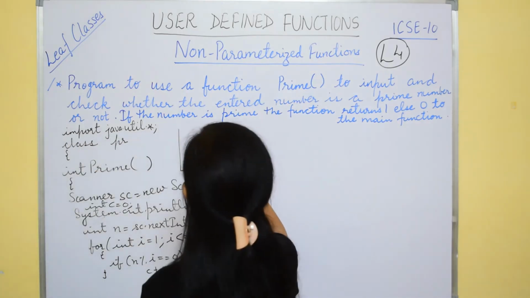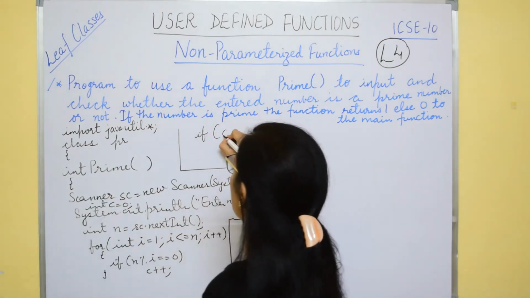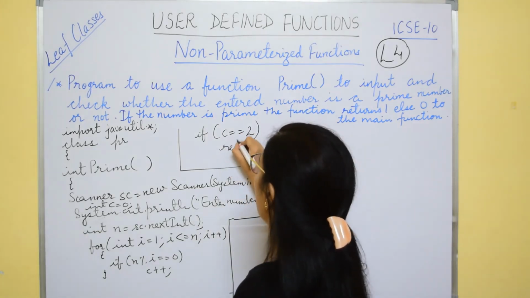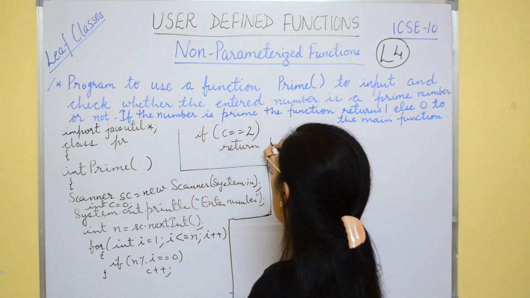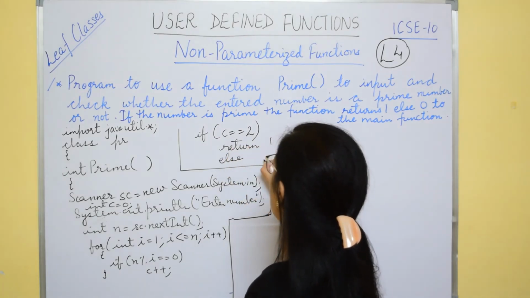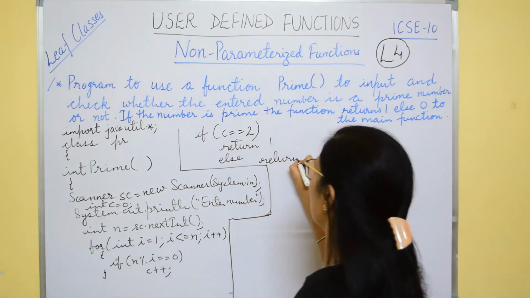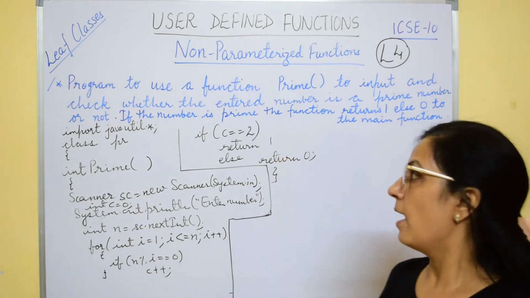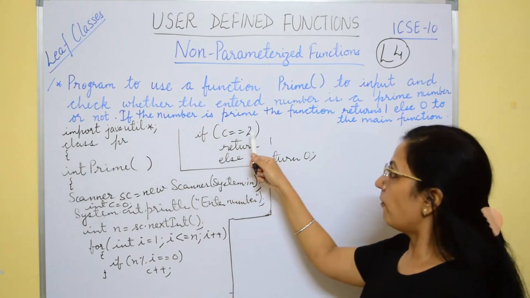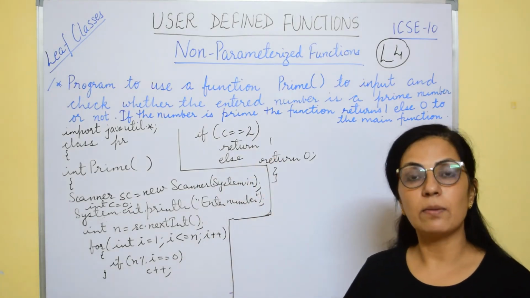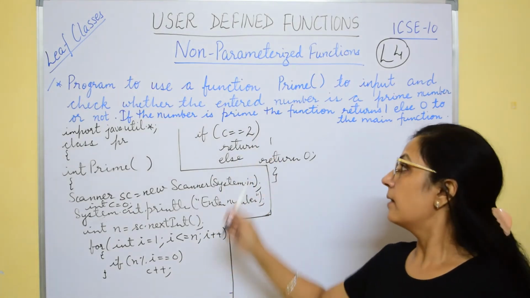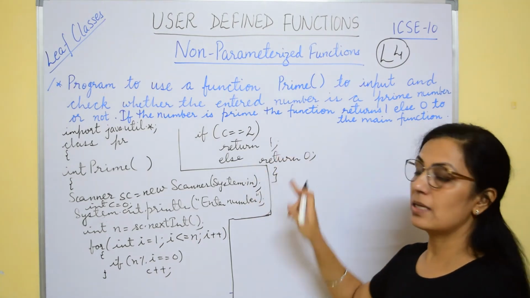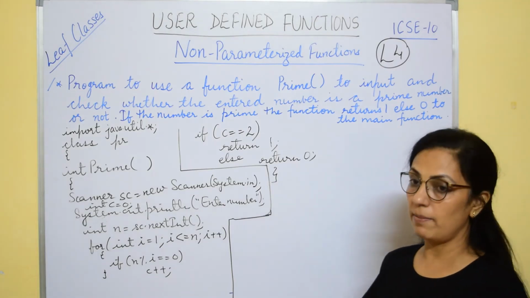Now here, if C is equals to 2, then we will return 1, else we will return 0, and we will close the function. If C is equals to 2, that means the number is prime. So in that case it is returning 1, otherwise it is returning 0 in all remaining cases.